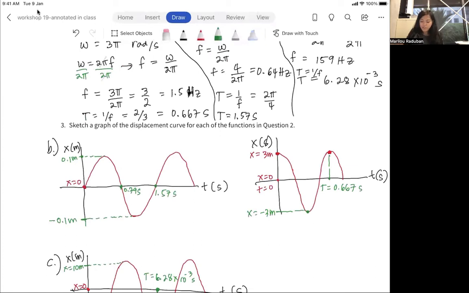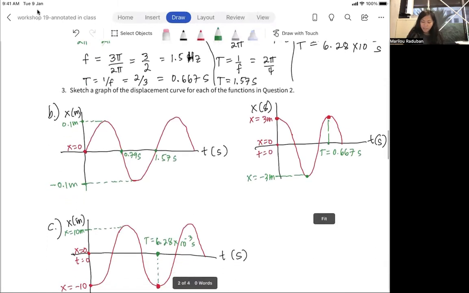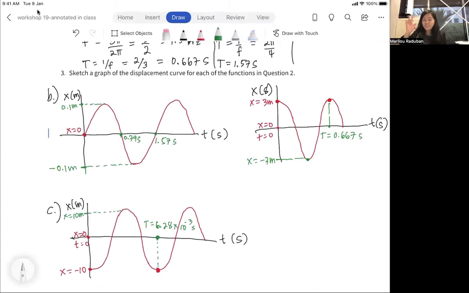Cool. Yep. Thanks for correcting me on that. I was comparing A with B. A is a cosine function, B is a sine function. So their graphs will be different.